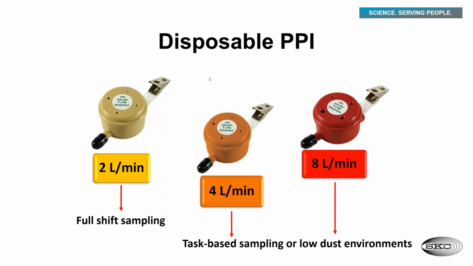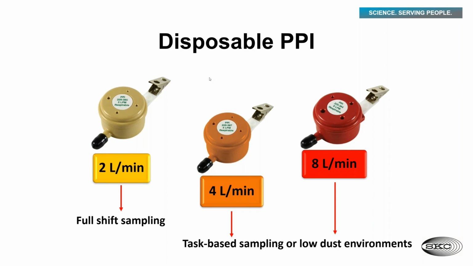If you use a flow rate that is too high or too low based on the designed number, you're going to either undersample or oversample for the particles that you need. So typically for a full shift sampling event, a 2 liter a minute PPI is going to be the choice. The one on the left, the tan one, is by far and away the most popular option that we make.